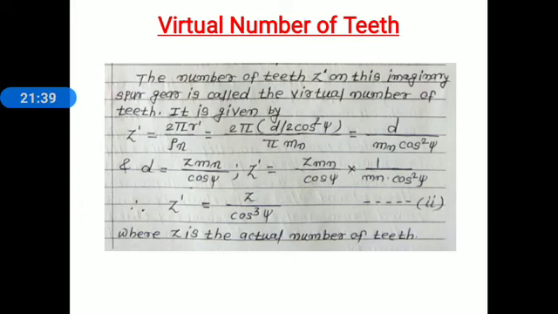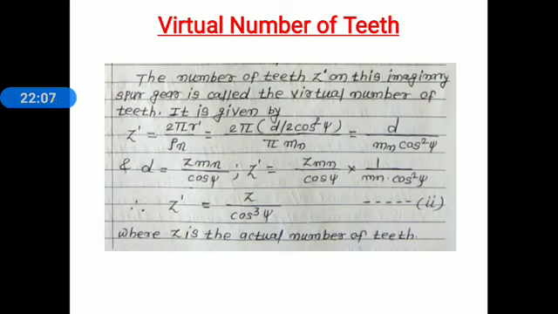The number of teeth z dash on the imaginary spur gear. We already considered an imaginary spur gear with center O dash, pitch circle radius r dash and module mn, and that gear we call the virtual or formative spur gear. Now we consider the number of teeth on that formative gear to be z dash. The number of teeth z dash on the imaginary spur gear is called the virtual number of teeth.